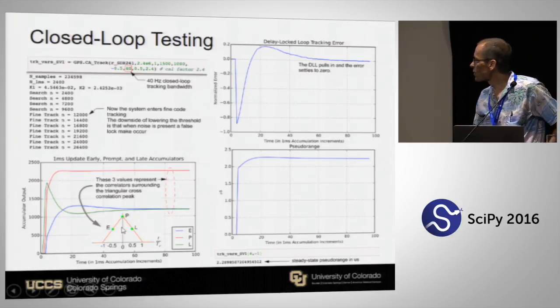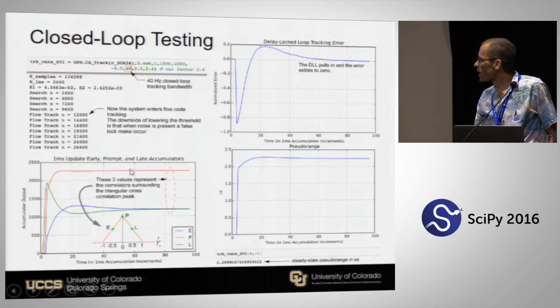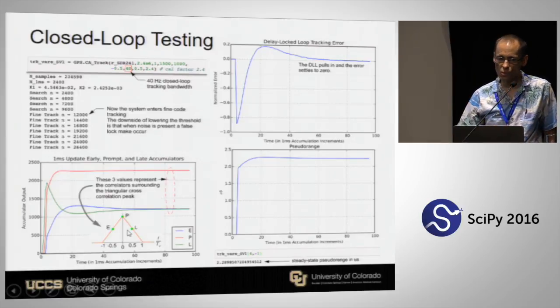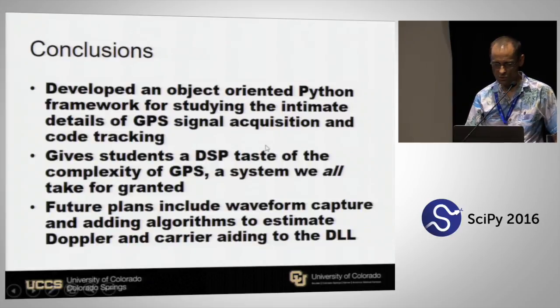The three correlator outputs: I'm trying to set the prompt correlator output on a large correlation peak, and then the two early and late correlators are going to be off the side of the peak, but if you form the difference between these two signals, you get what's called a discriminator or S-curve. And then you can track on that. You can then get the pseudo range.